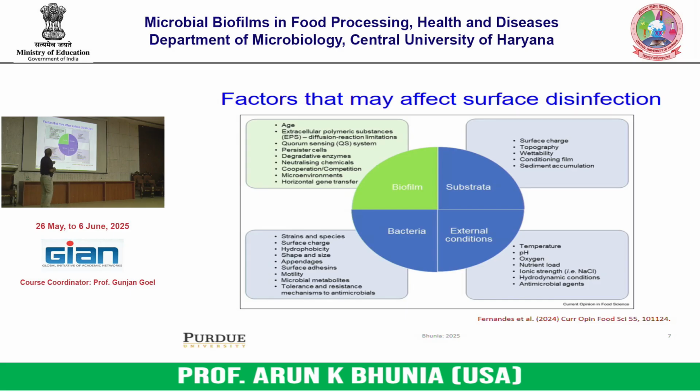So when I mentioned that the substrate is going to be important, the bacteria also matter, what type of microbes you have. What did we learn? Even if you look at Staph aureus, and you take multiple different strains, you already know that biofilm characteristics may depend on the strain, sometimes maybe the serotype. I also showed you data for Listeria, where some of them form strong biofilm and some form weak biofilm.